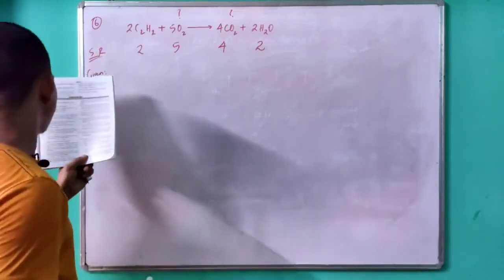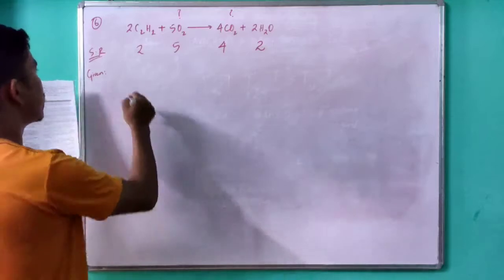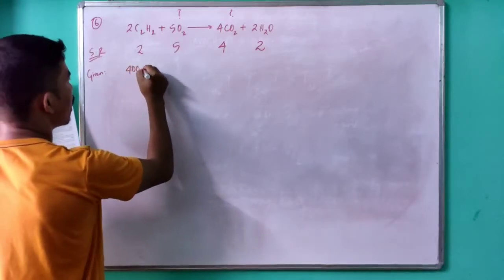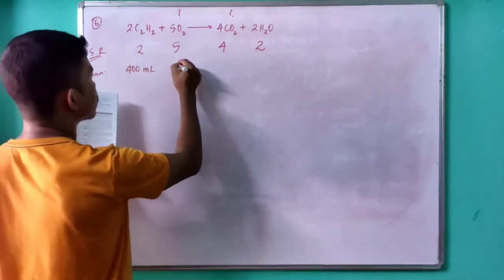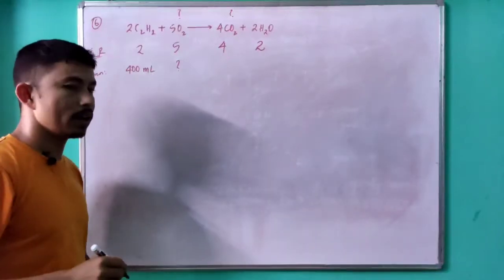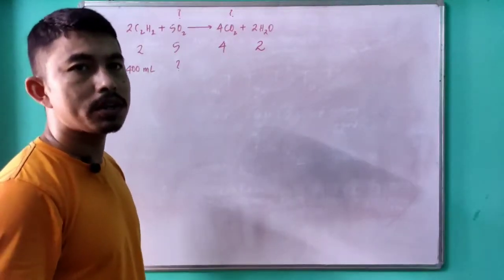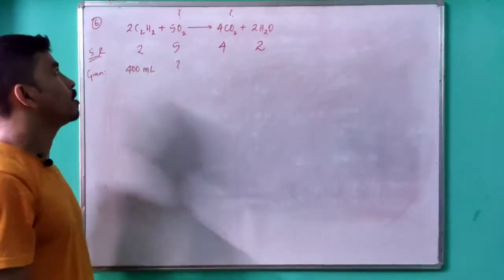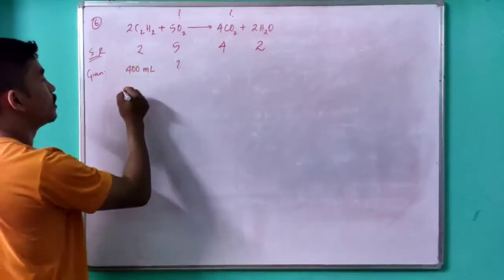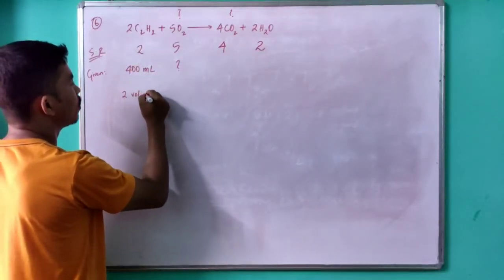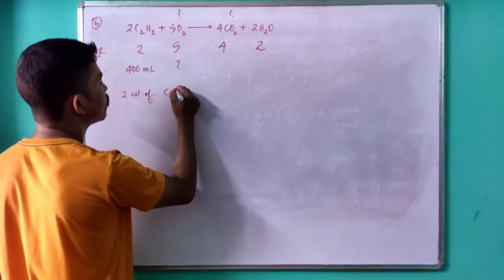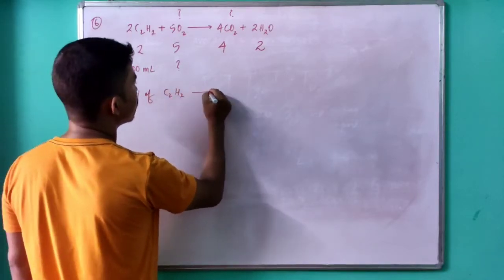The volume of acetylene is 400 ml, and we are asked how much oxygen is required. So you may simply use the unitary method. To begin, 2 volumes of C2H2 require how much?